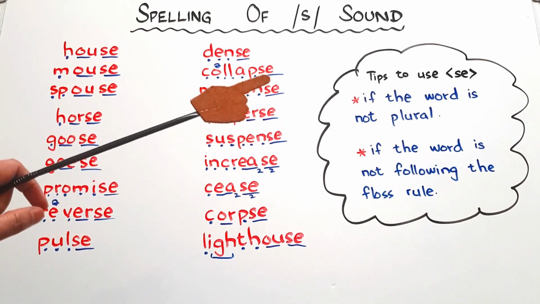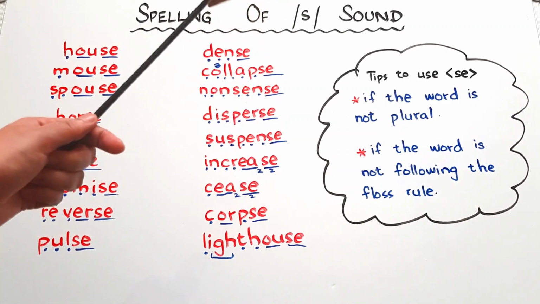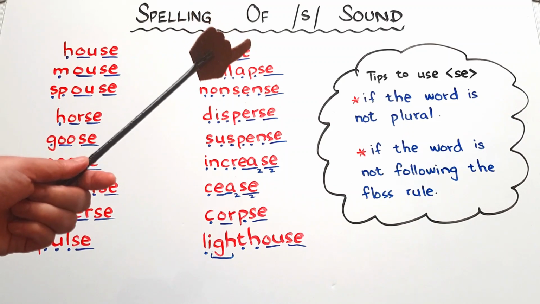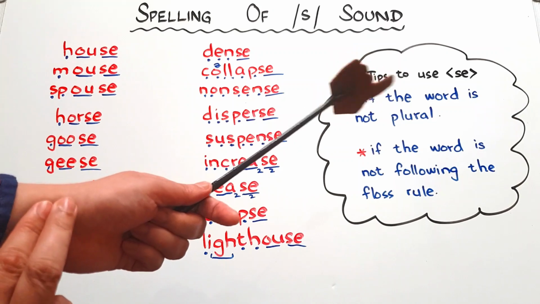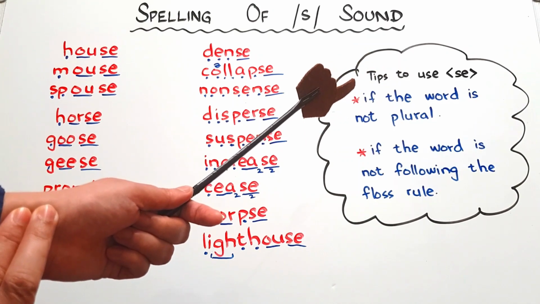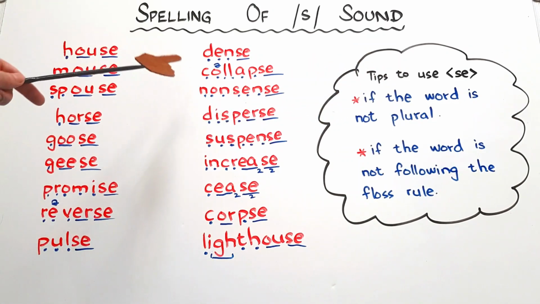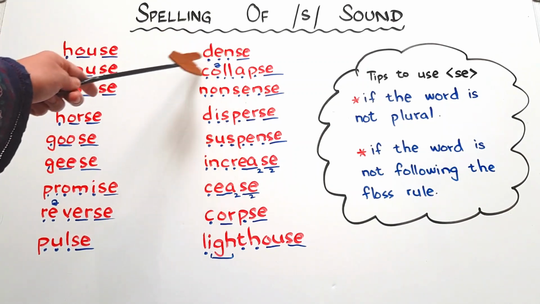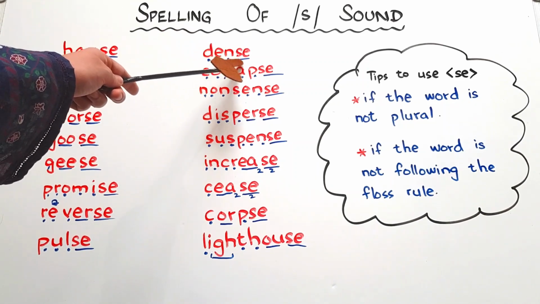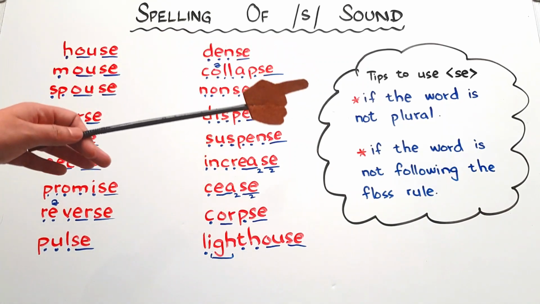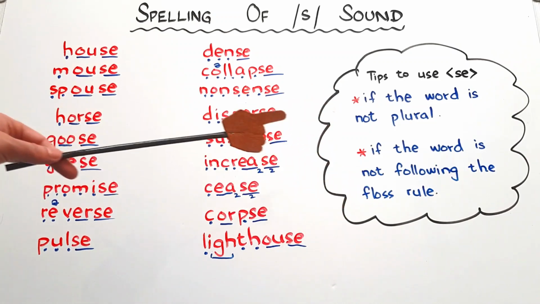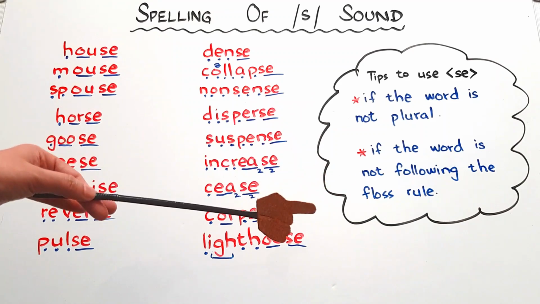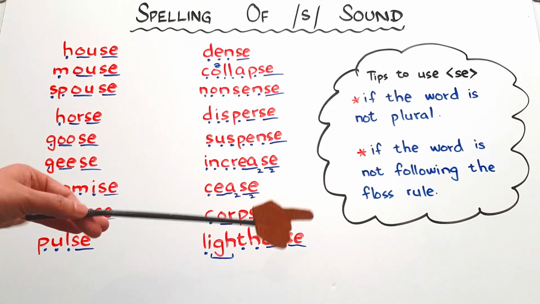Pulse means a continuous throbbing or beating of the nerves or the veins or the arteries. You can even tell children to put their finger over here and feel the pulse. Okay. Then we have the word dense. Dense means thick. It could be dense population, meaning thick population. It could be a dense fluid, a thick fluid like honey.